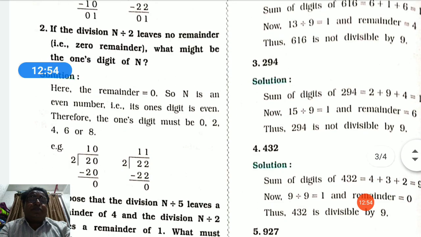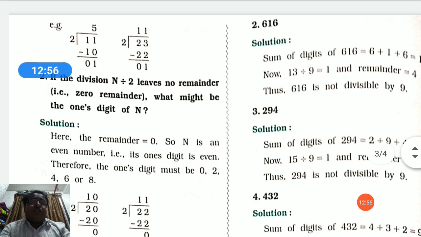Second, 616. Sum of digits of 616 is 6 plus 1 plus 6 is equal to 13. 13 divided by 9 is equal to 1 and remainder is equal to 4. So, the given number is not divisible by 9.